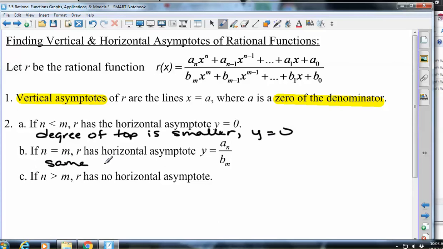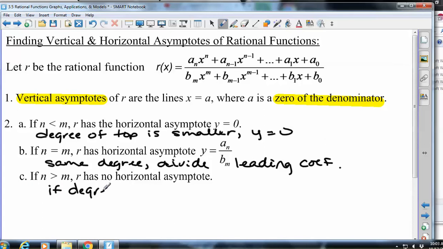If you have the same degree on top and bottom, divide the leading coefficients. If the degree of the top is bigger, there is no horizontal asymptote.